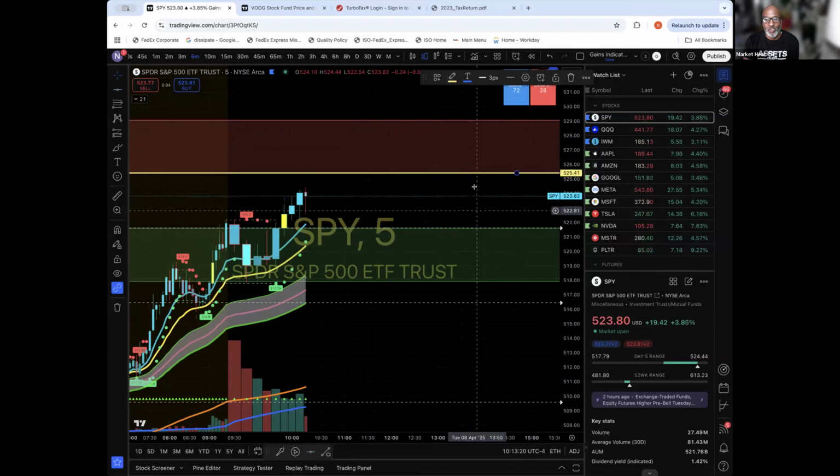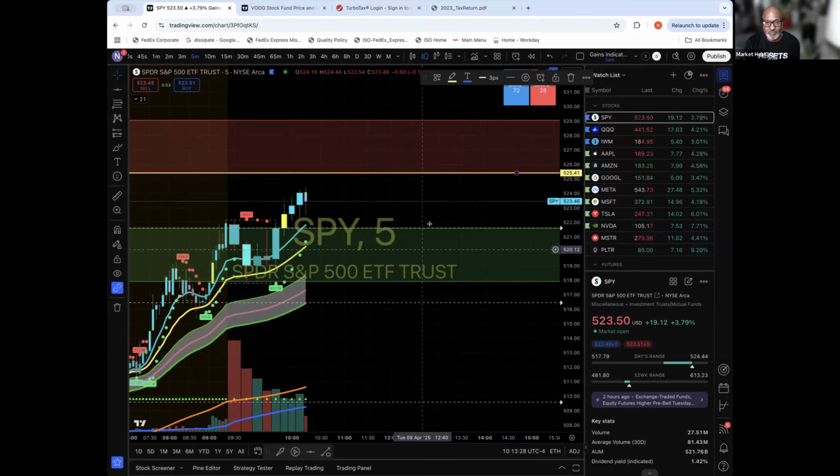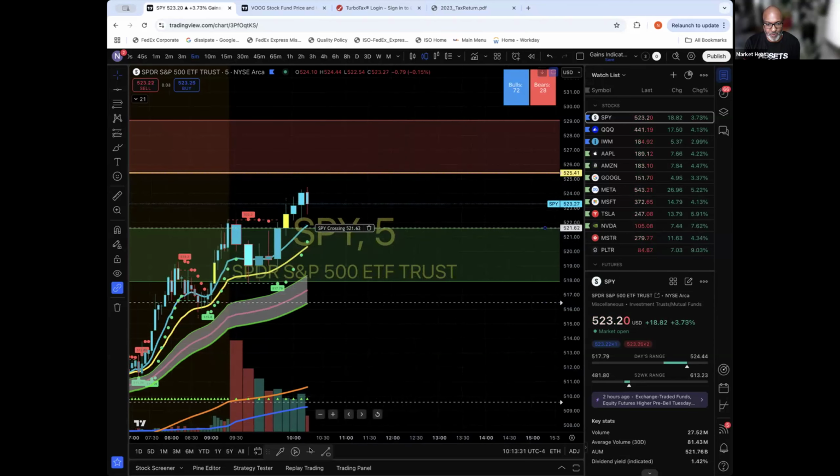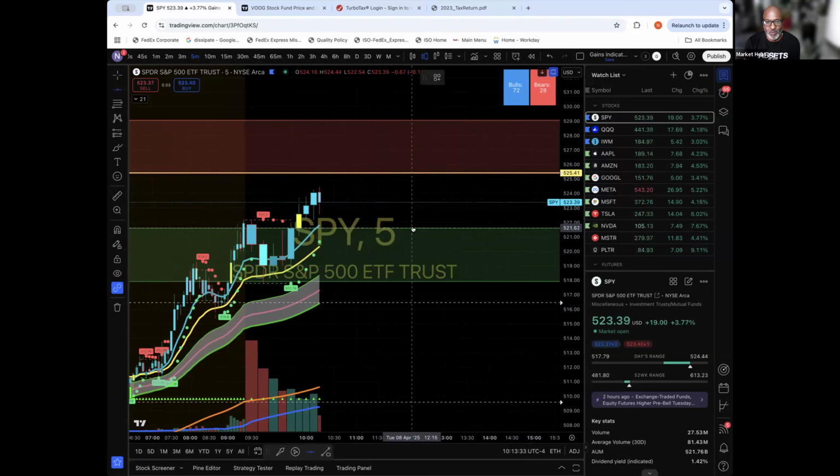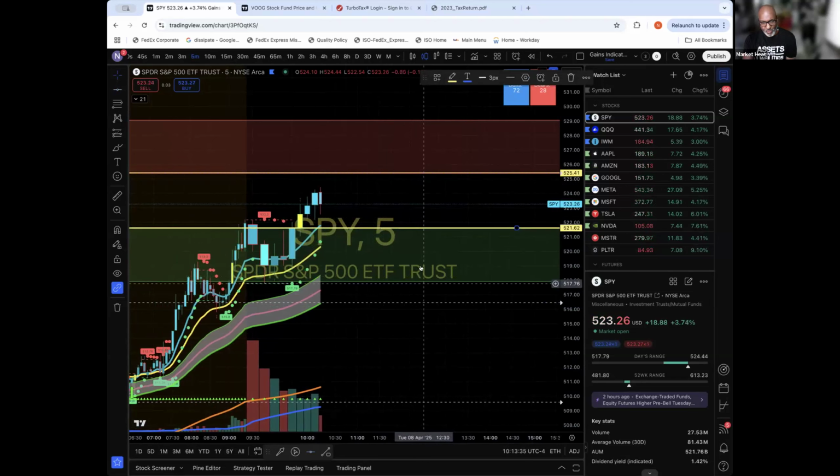So we have the bottom of support, and then we have the bottom of resistance, and then we have the top of support. Now we just boxed in that candle, so looking at where the candle came from.